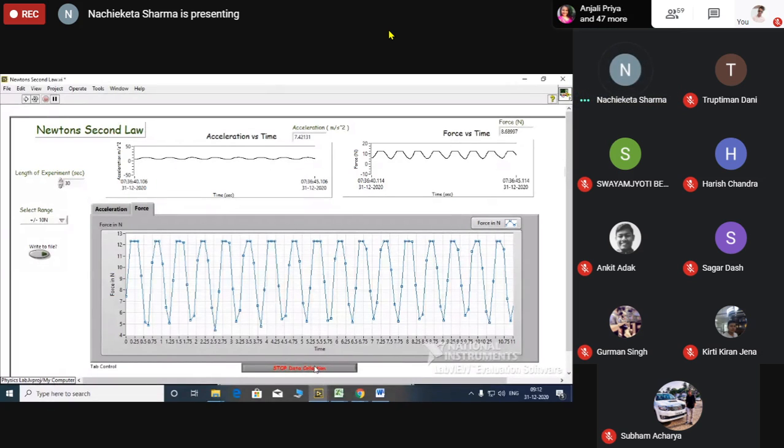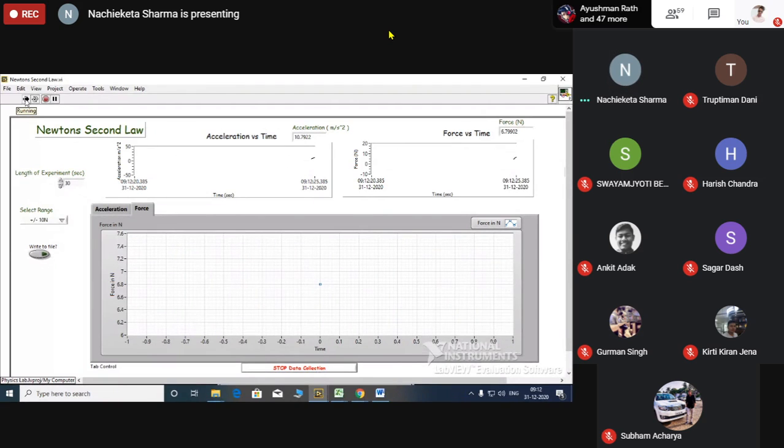Okay, wait. Now I am applying force. You see, are you getting the curve? Time and acceleration, time and force. Are you getting it now? Now I am applying force. After applying force like this for 10 to 15 seconds, you have to stop the program. Stop.